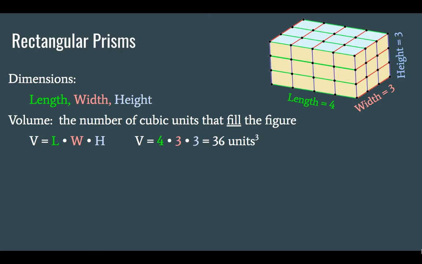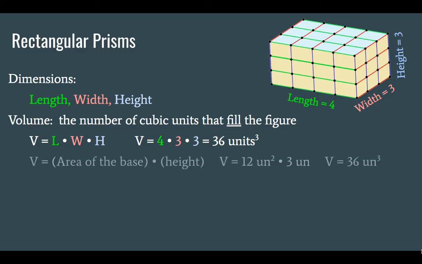But there is another way of finding the volume of any prism, which I want to point out, and this is the way that I like to think of as the sense-making way, so I don't have to remember a formula. The only thing I need to know to find the volume of a prism is to find the area of its base and multiply that by the height.